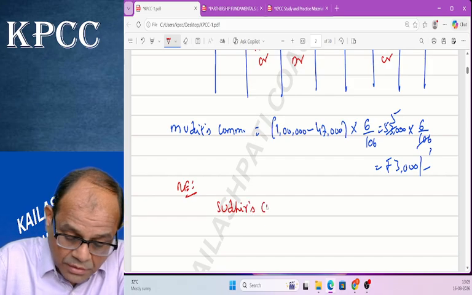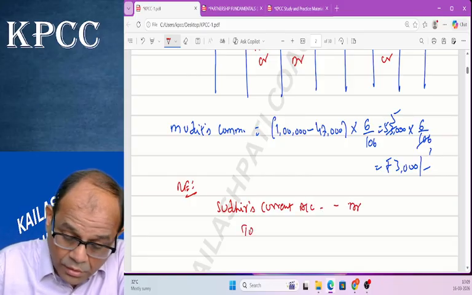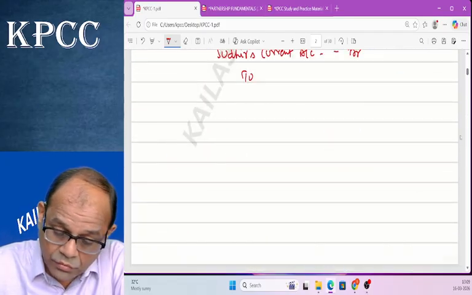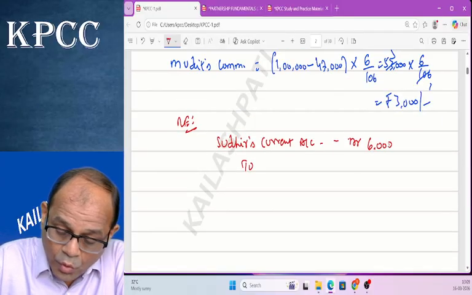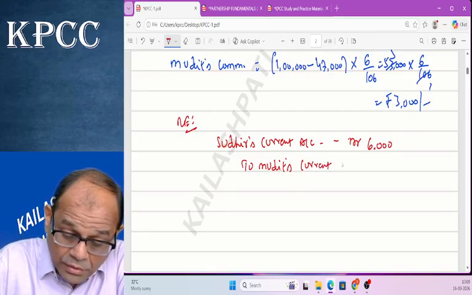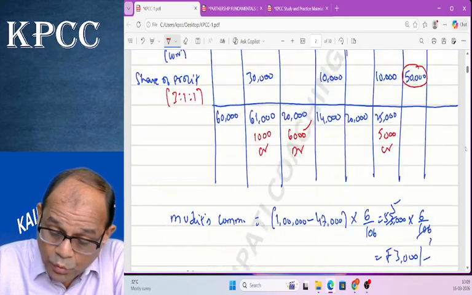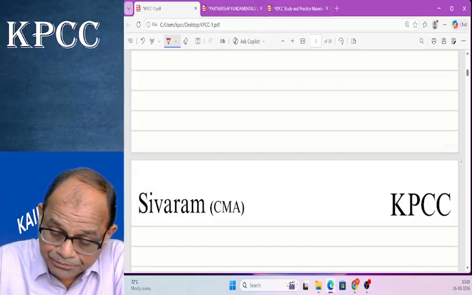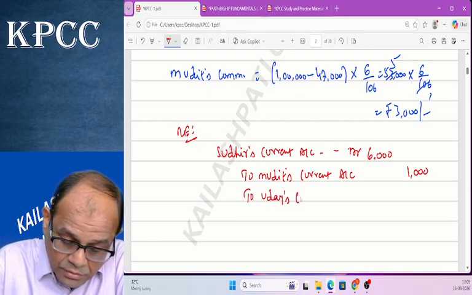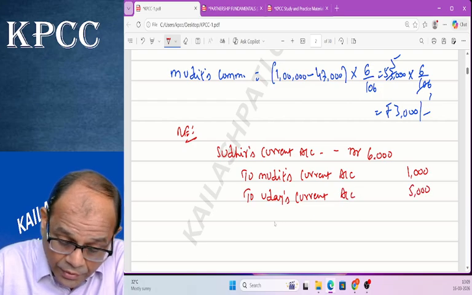Sudhir's current account debit 6,000, to Mudit's current account 1,000, to Uday's current account 5,000.